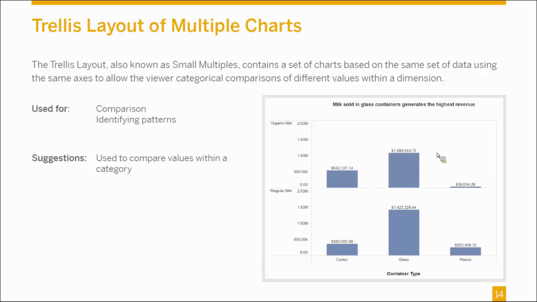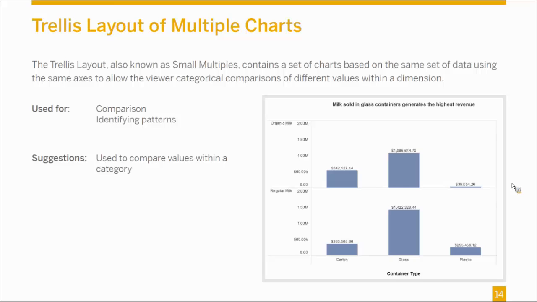So in this example on the right side, in the top chart, we see the number of organic milk containers sold, and in the bottom we see the number of regular milk containers sold, and what is their contribution in terms of revenue to our company.